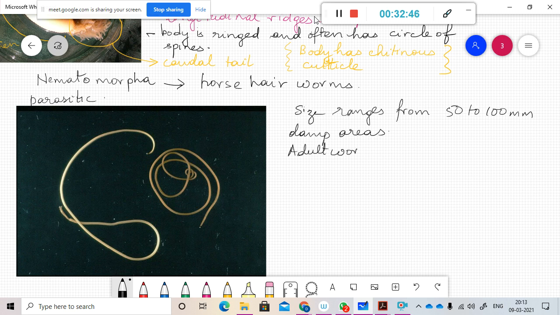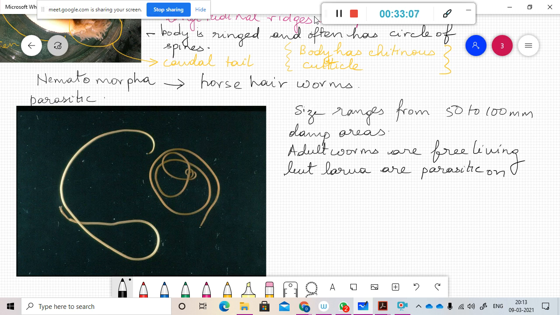Adult worms are free living. But larvae are parasitic on arthropods.